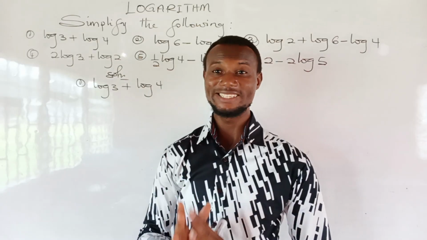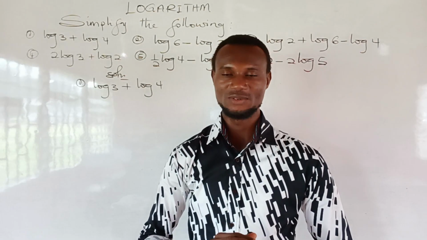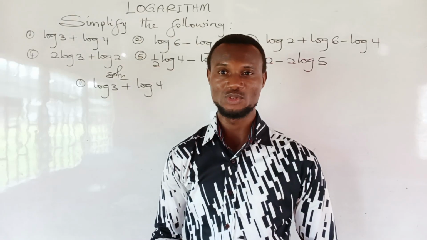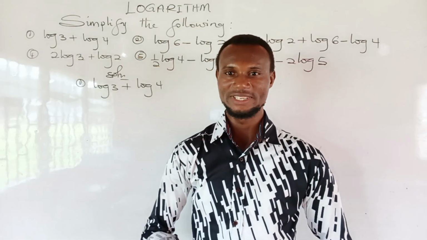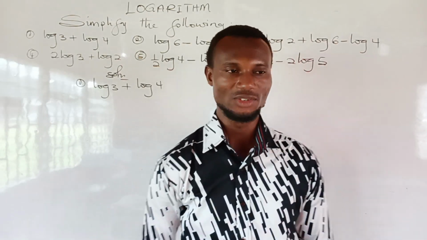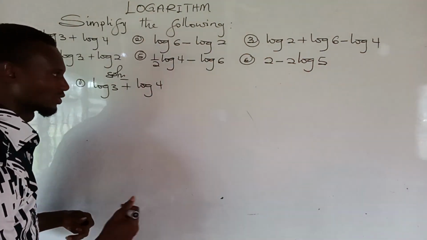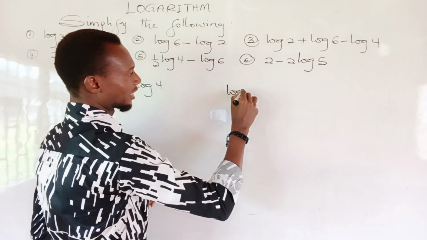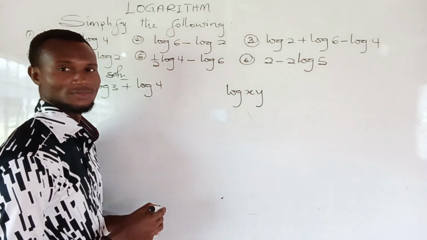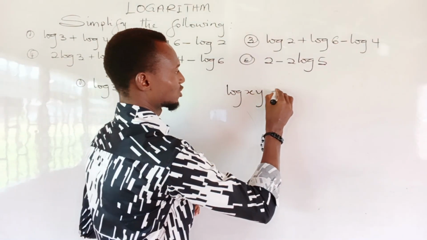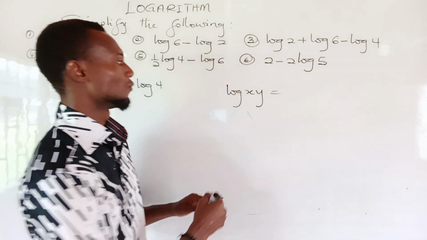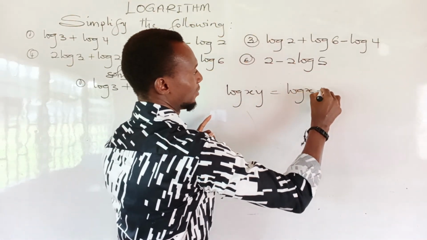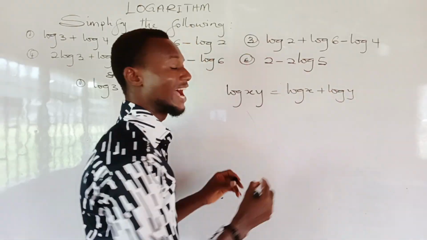Now, for the sake of those who don't have any knowledge on what the product rule is, let me do a quick recap so that we can use it to solve the question on the board. From the previous videos, we got to know that if we have log sy, the product rule says that we can write this as log s plus log y.